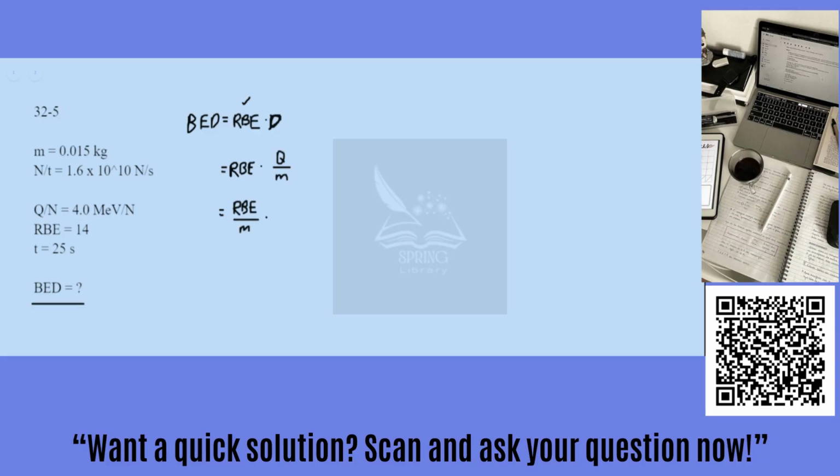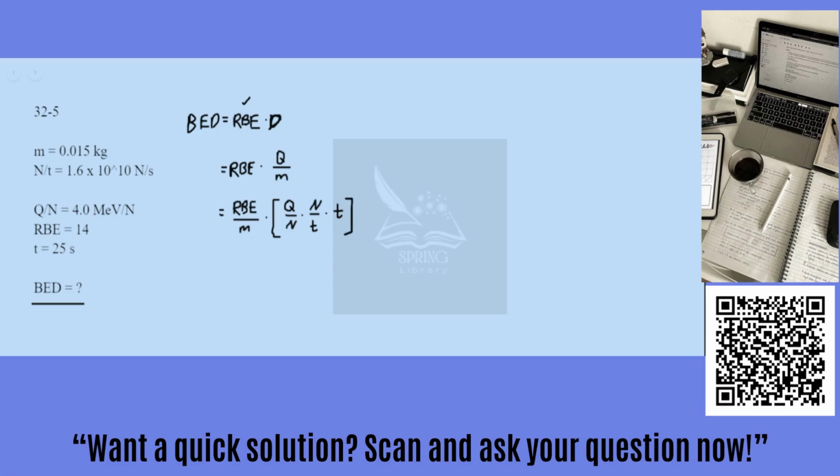If we look at total energy now, we're told a couple of things, so maybe this will help. We know the energy per particle, Q over N, and we know the number of particles per second, so we can multiply that by N over T. We also know how long the person will be irradiated for in seconds.